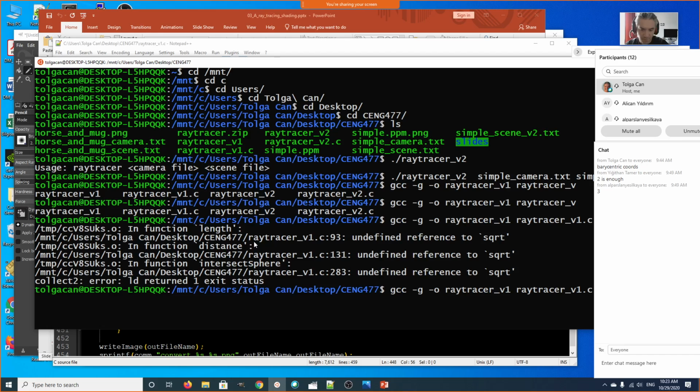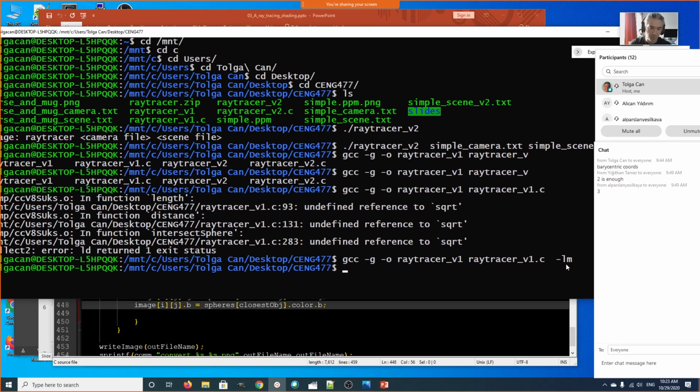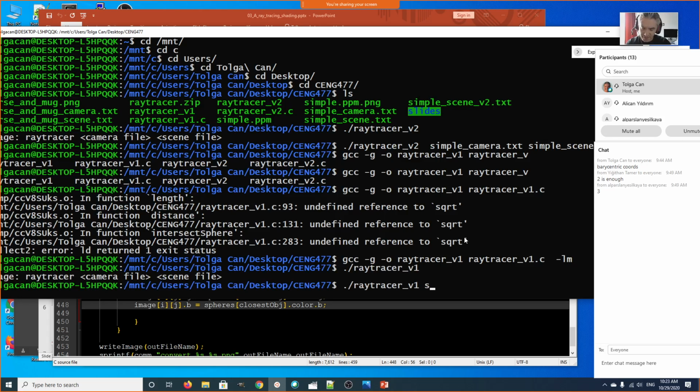Oh, okay, I forgot to link the math library, so don't forget -lm if you're using square root. Maybe C++ does that automatically. Anyway, now I'm going to run it. Ray tracer version 1 needs a camera file, simple camera, and simple scene.